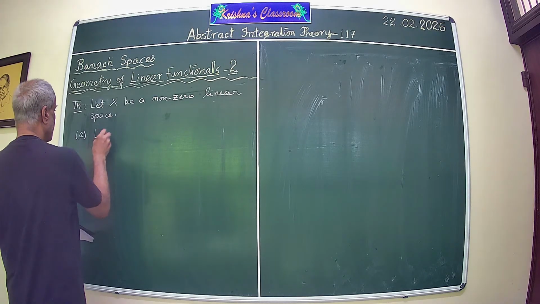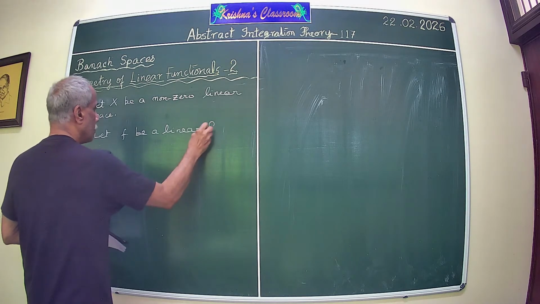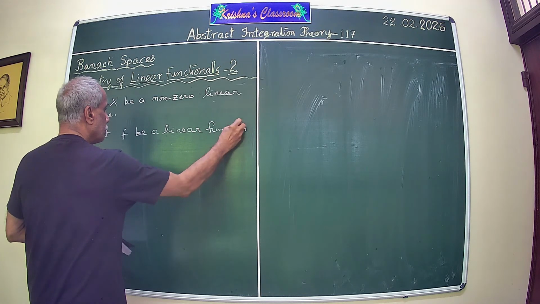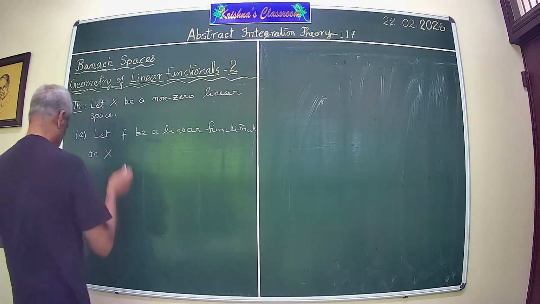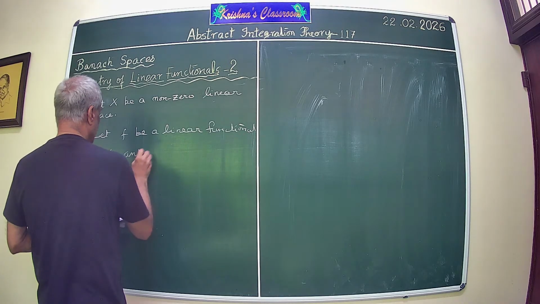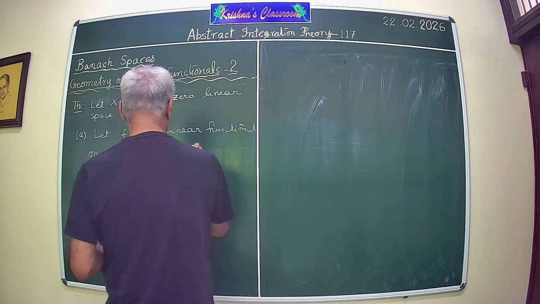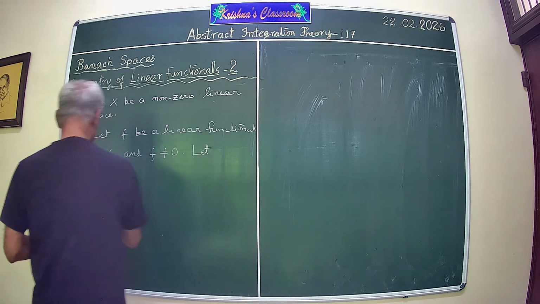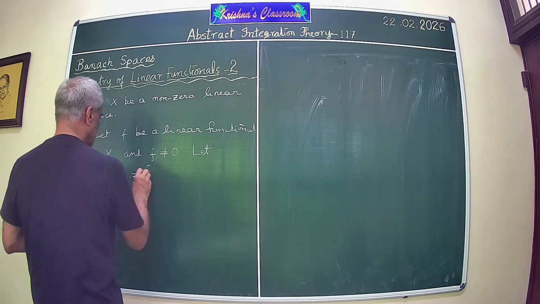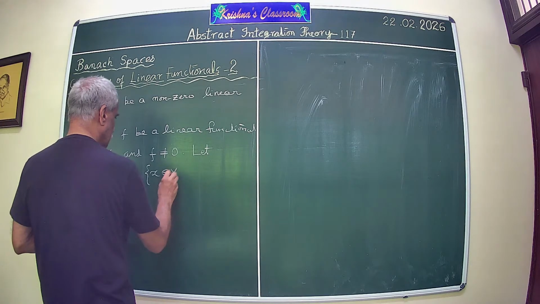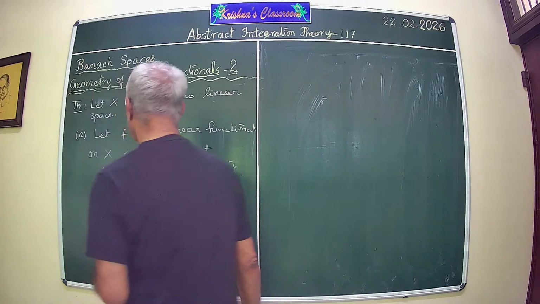Let f be a linear function on X and f not equal to 0. Then the null space of f, M, is a maximal proper subspace.